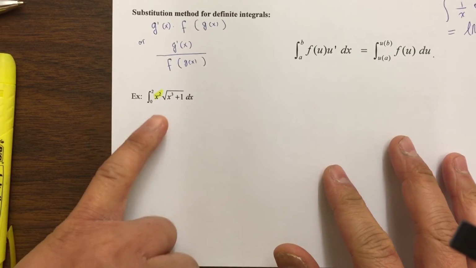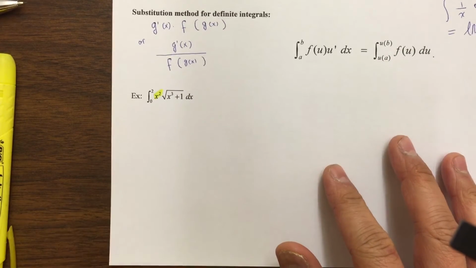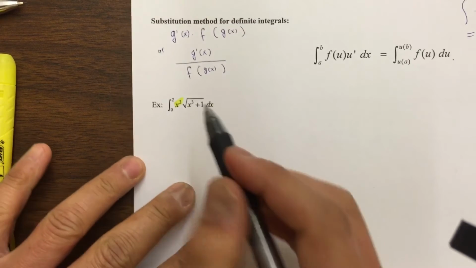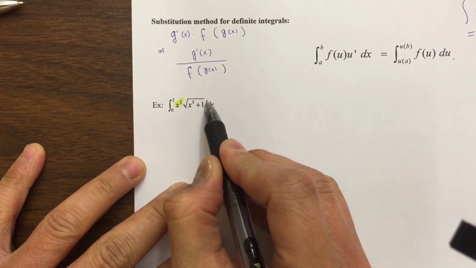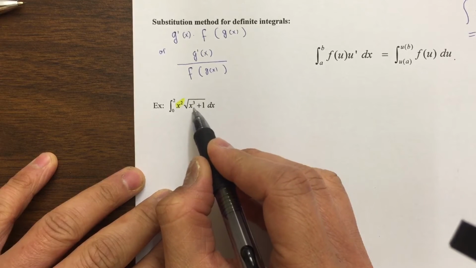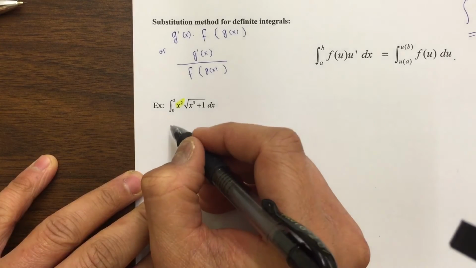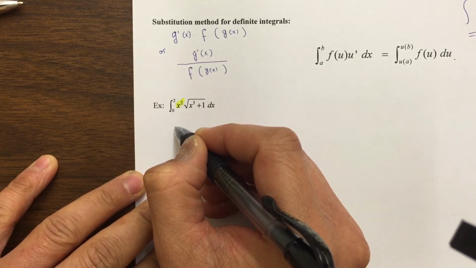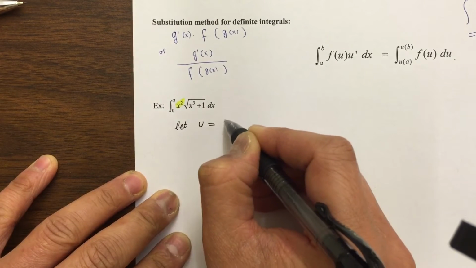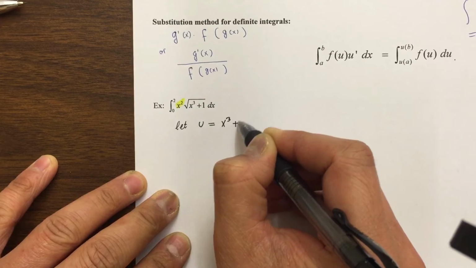We want to evaluate this definite integral, and we do know that we have to use the substitution method because the outside is the derivative of the inside. The first thing we do is let u equal the inside. So let u equal x cubed plus 1.